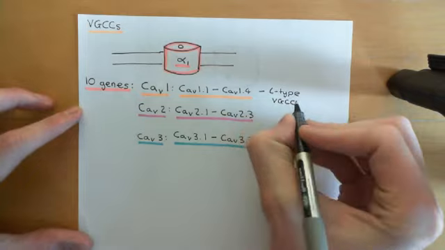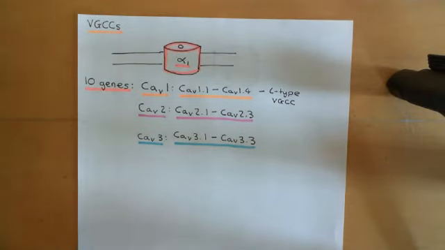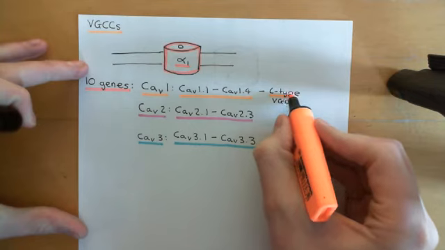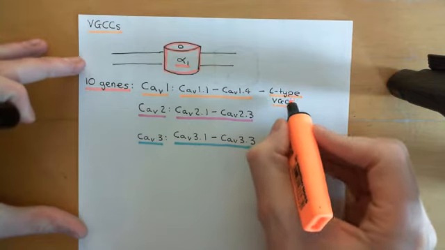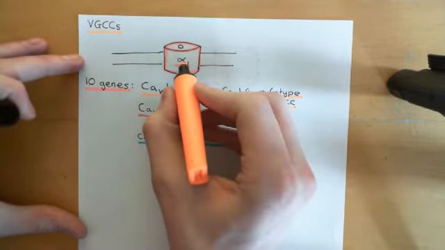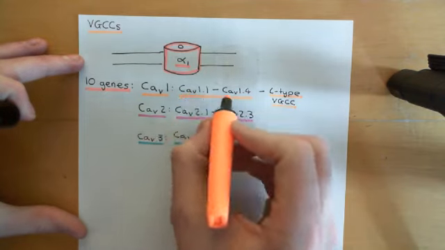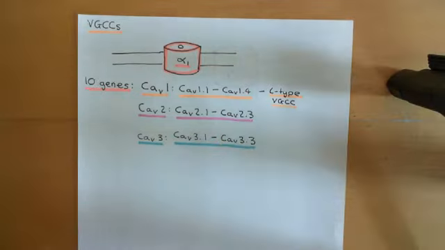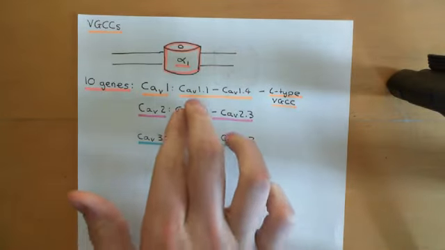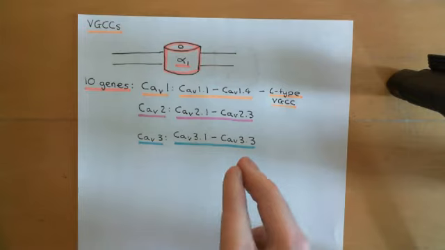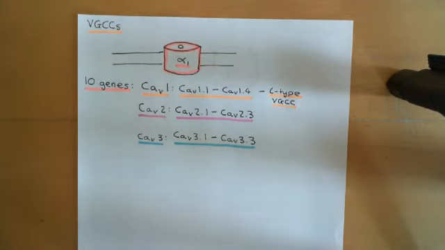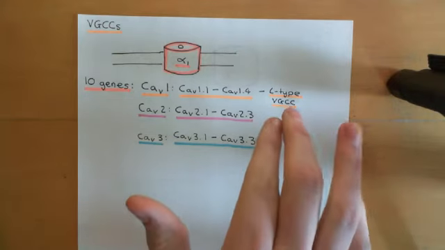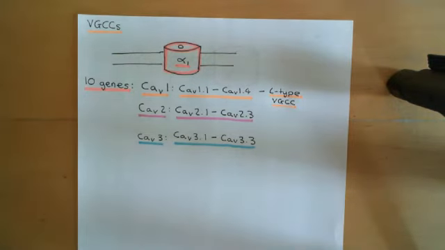Okay, so when people talk about L-type voltage-gated calcium channels, what that actually means is that the alpha-1 subunit of the channel they're referring to is coded for by one of these 4 genes here. Okay, so either this alpha-1 subunit is a CAV1.1 type alpha-1 subunit, or it's CAV1.2 or CAV1.3 or CAV1.4. That's what is meant when people say an L-type voltage-gated calcium channel.